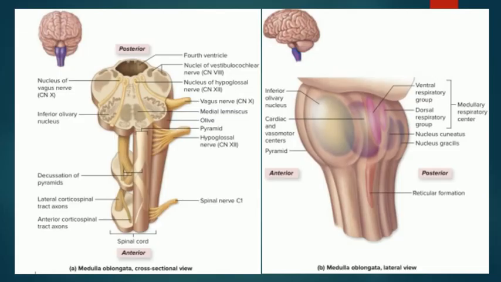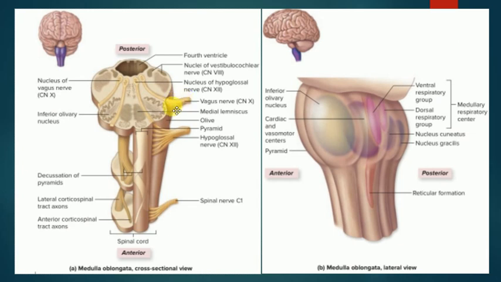Finally, we have to look once again. Here is the spinal cord and medulla oblongata. Here is the fourth ventricle, the nucleus of cranial number 8, nucleus of cranial number 12.